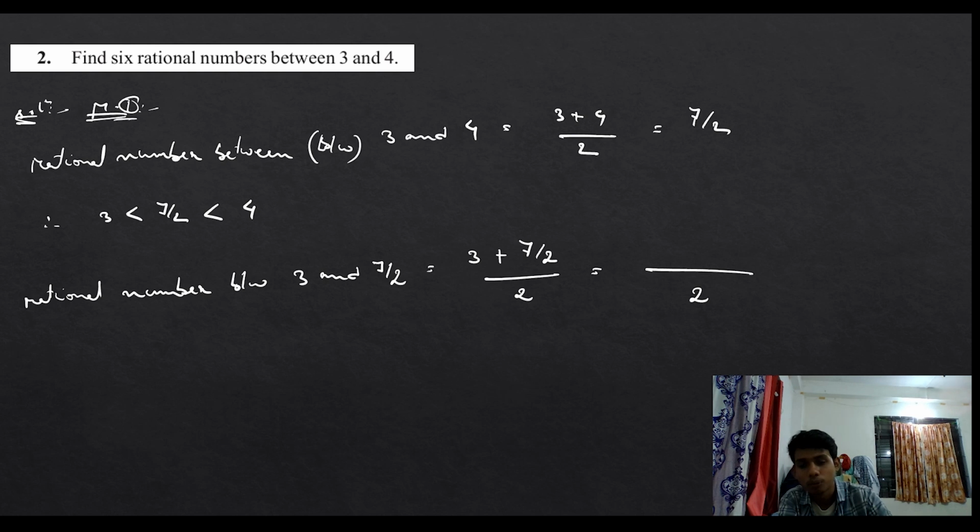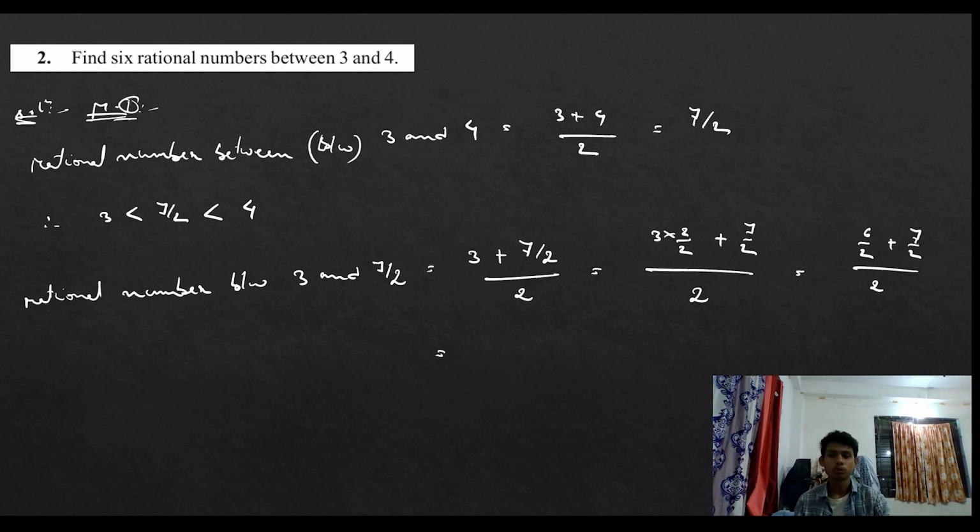Again, we'll convert 3 into its equivalent rational form by multiplying 2 on both numerator and denominator. We'll get 3 into 2, 6 by 2, plus 7 by 2.